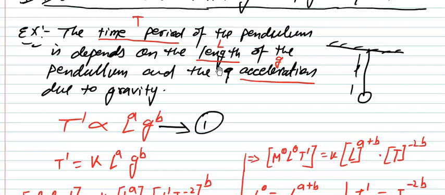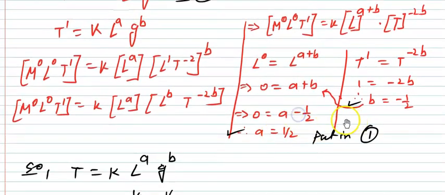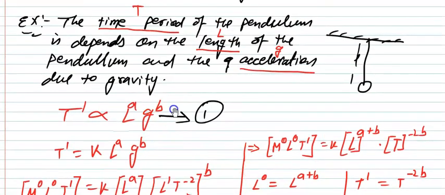Time period depends on, means it is proportional to, the length of the pendulum and the acceleration due to gravity. After that we do not know the power of L and power of G, hence we are assuming that its powers are A and B. And after putting their dimensional formulas, we have to calculate the value of A and B, and after calculating the values of A and B, we have to directly put these values here, and that will be our answer.